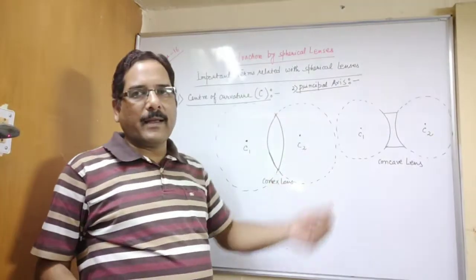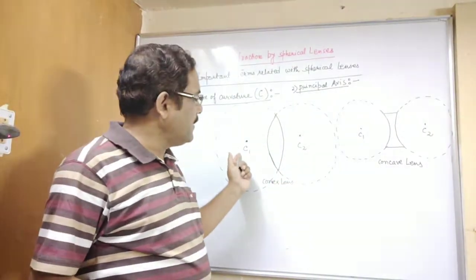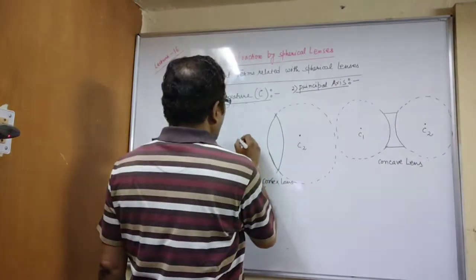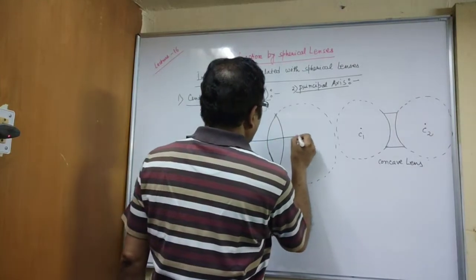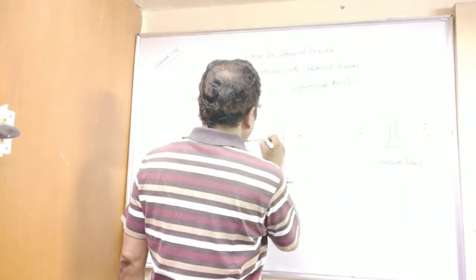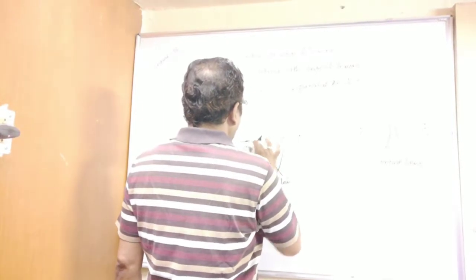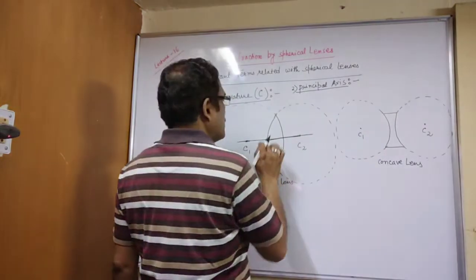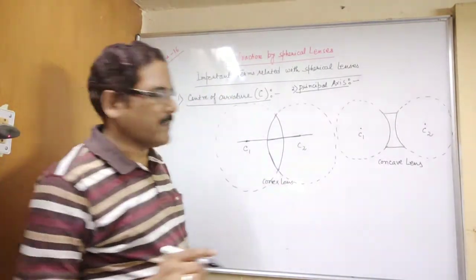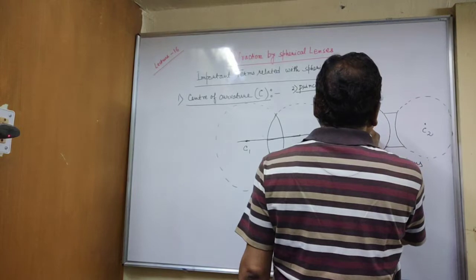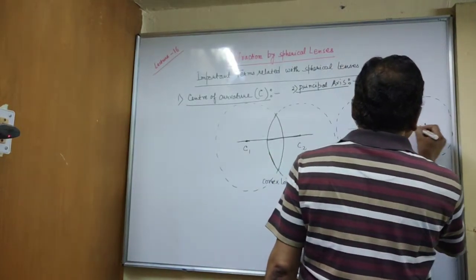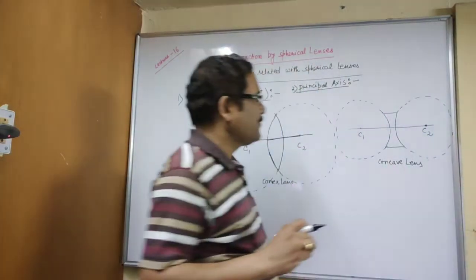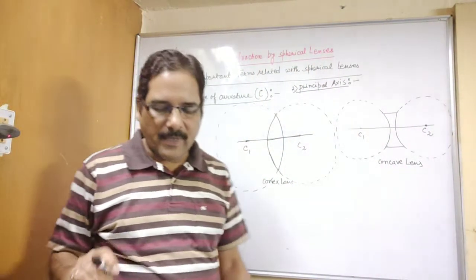In the previous diagram, if we join these two centers C1 and C2 with a straight line, then this straight line is called principal axis, an imaginary straight line which passes through the centers of curvature of the lens.